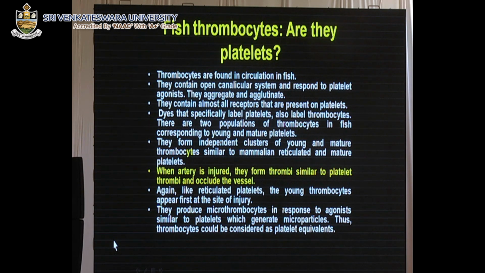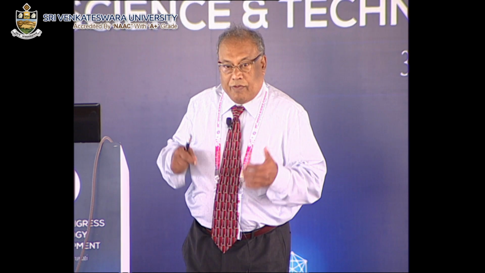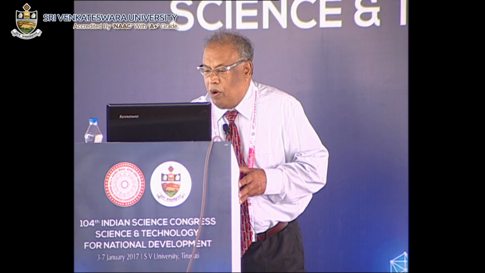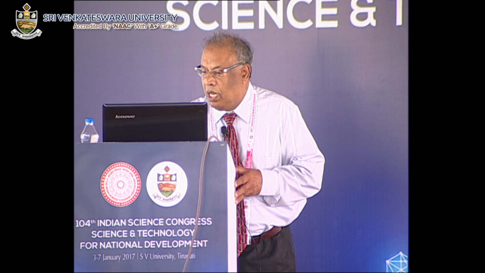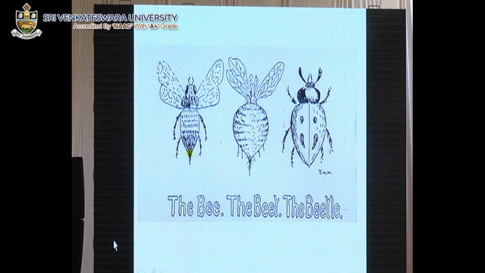If you take a look at thrombocytes and platelets and write down the properties, they are similar. It is not like a bee and a beetle, so you cannot just compare morphology.